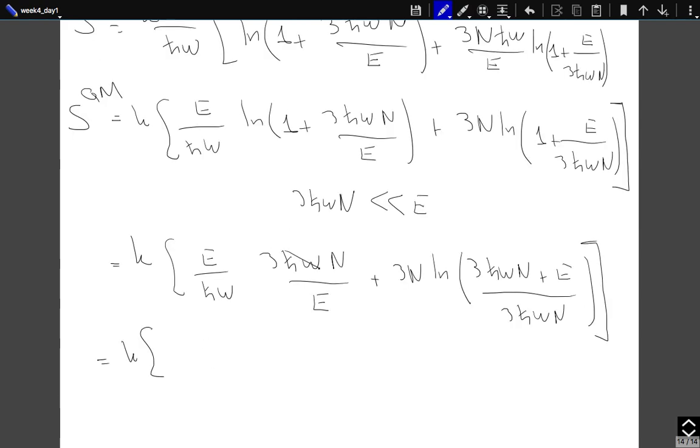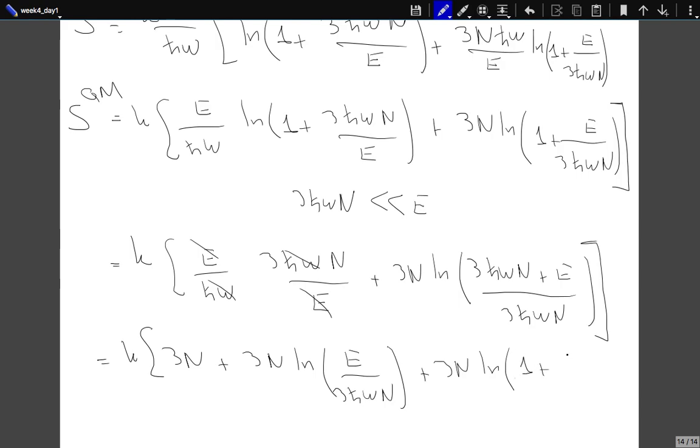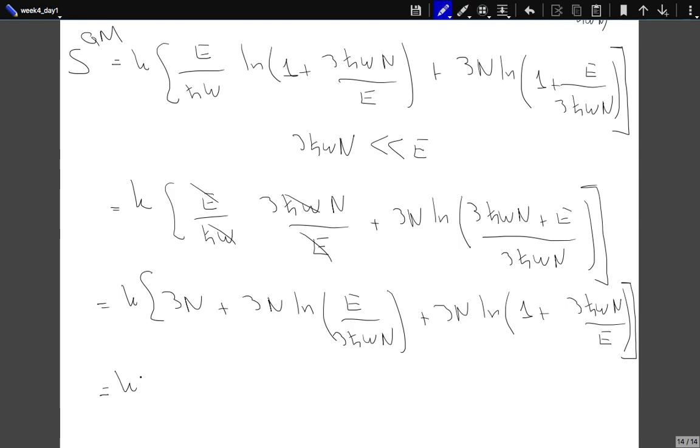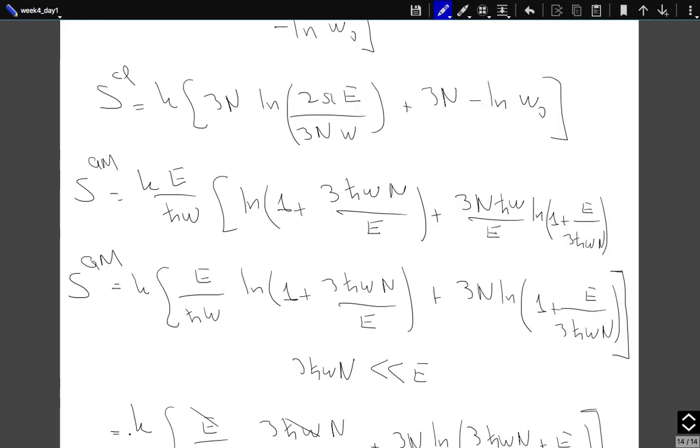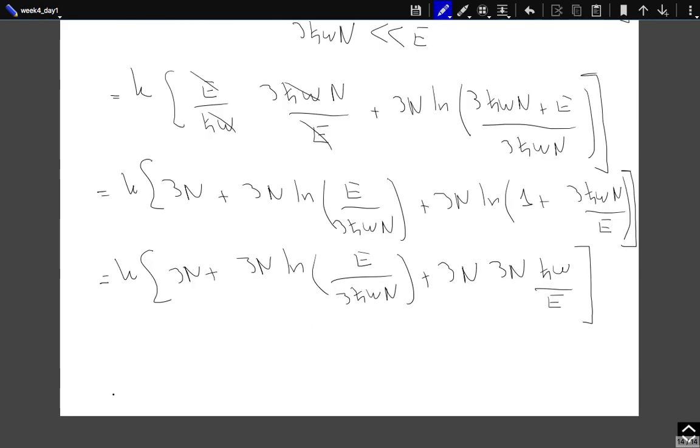This is K times, well, here h bar omega is cancelled, this one's cancelled, 3n plus 3n logarithm of E over 3h bar omega n plus 3n logarithm of 1 plus 3h bar omega n over E. Again, this is K times 3n plus 3n logarithm of E over 3h bar omega n plus 3n times 3n h bar omega over E, which should be equal to this one over here.